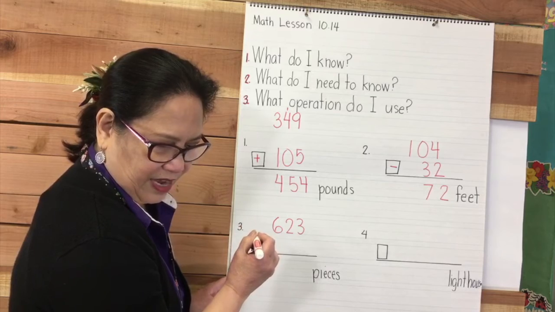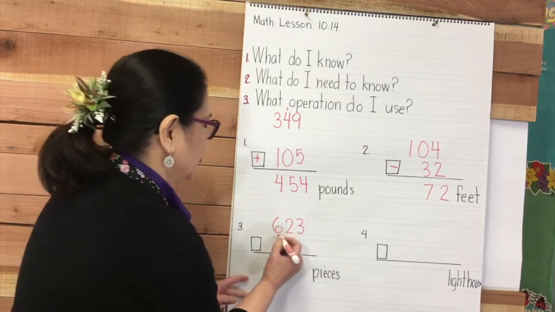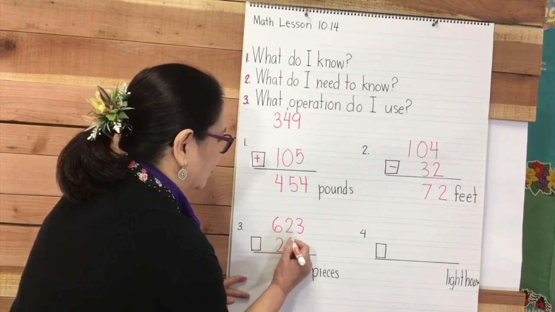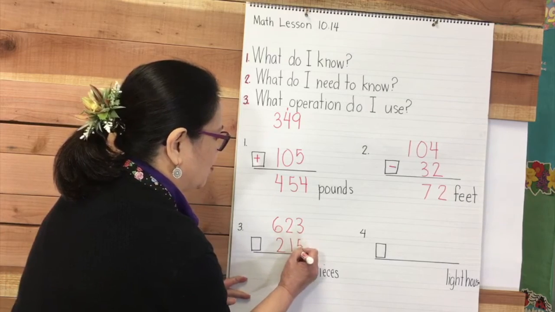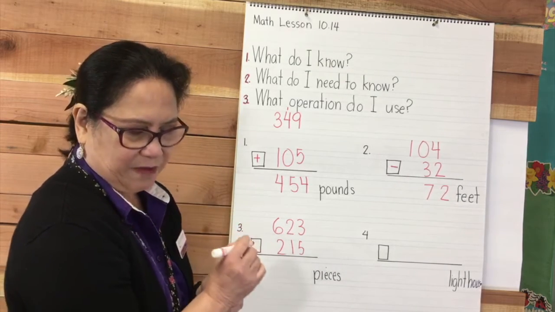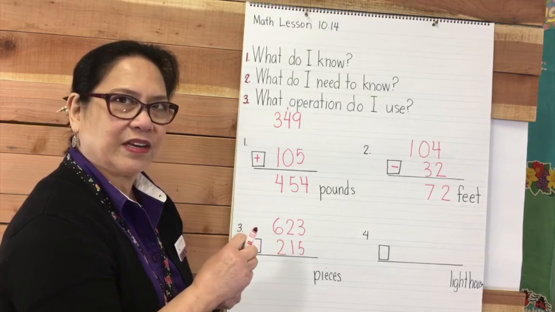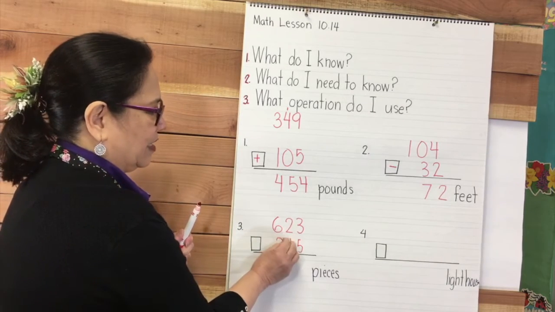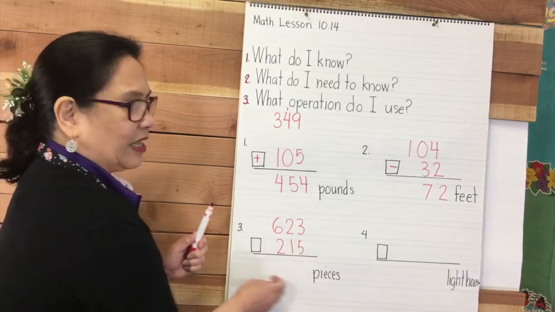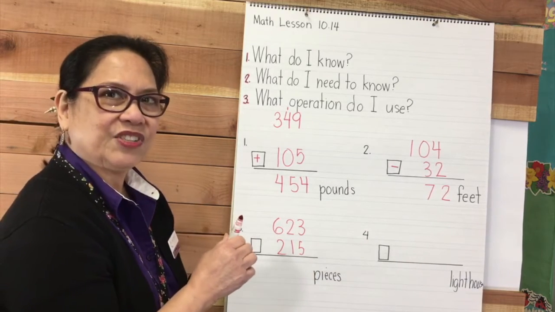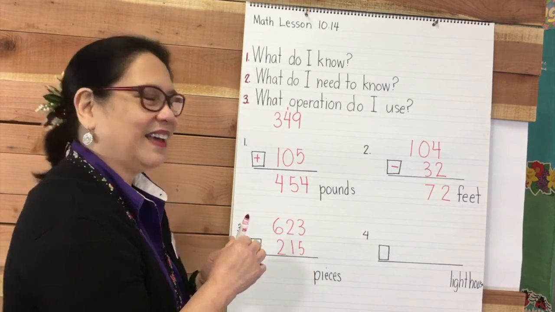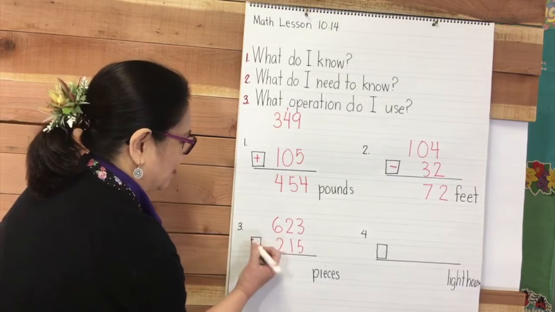We know that 215 were found. So we need to know how many pieces are still buried. So if they already found this, how many do they still have to find? The operation is, yes, it's takeaway. Good job.